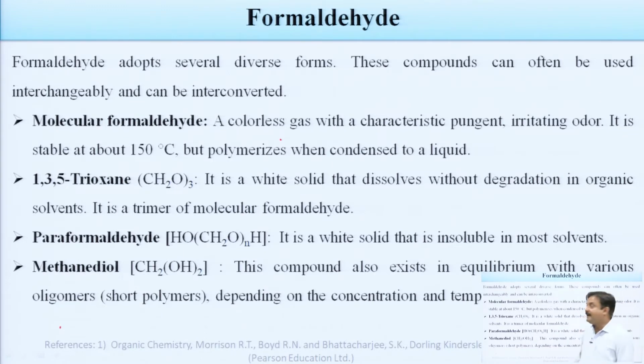The next form of formaldehyde is 1,3,5-trioxane. It is represented as (CH2O)3, meaning 3 moles of formaldehyde get together to form 1,3,5-trioxane. It is a white solid that dissolves without degradation in organic solvents. It is a trimer of molecular formaldehyde, as I told you.